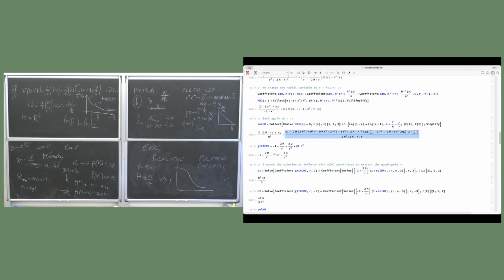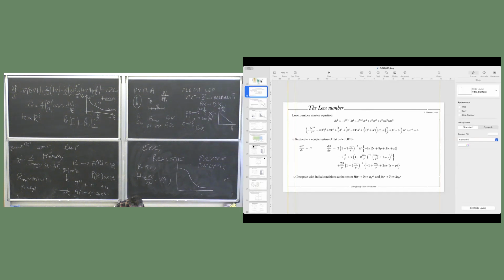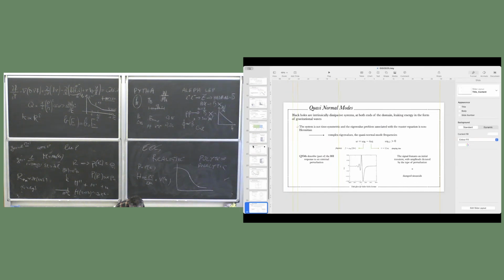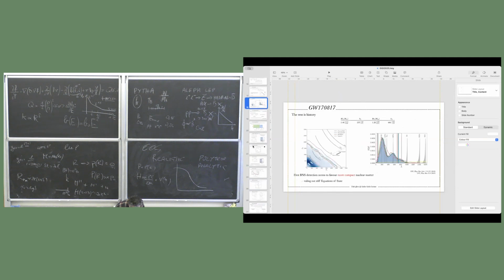The equations of state, some of these are actually compatible with the observations. Some of the names that you're going to find in the folder are exactly these.